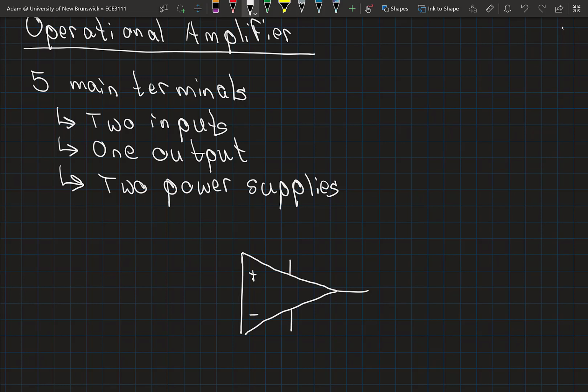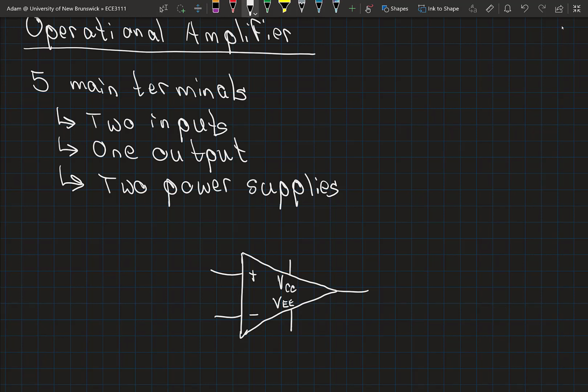Often when we're showing it in a diagram, and in most of what I'll do in class, I won't in fact show the power supply terminals that may be called VCC plus, often just called VCC, and maybe VEE, depending on the technology used to design the op-amp.